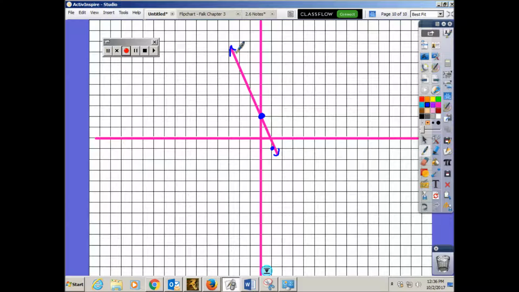Okay? But every time that you have these, you're not going to graph them, correct? So if I wanted to, from here, I could probably say, if I'm writing this in slope-intercept form, the y-intercept is 2, correct? The slope is going down. It's going down 1, 2, 3 over 1.